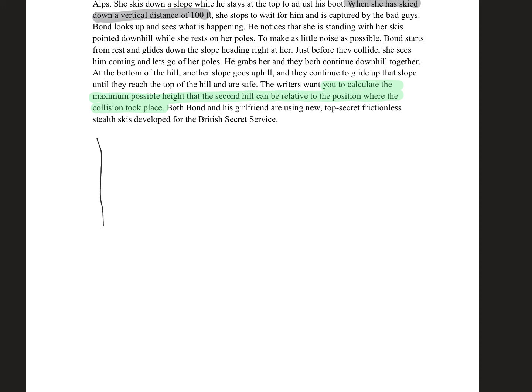So we have to draw a picture of the situation. We have one hill that has a height and another hill that has a lower height. And we're going to do something like this. Okay? So they collide at the bottom here, and that speed lets them get up to the top there. So let's think about the masses.